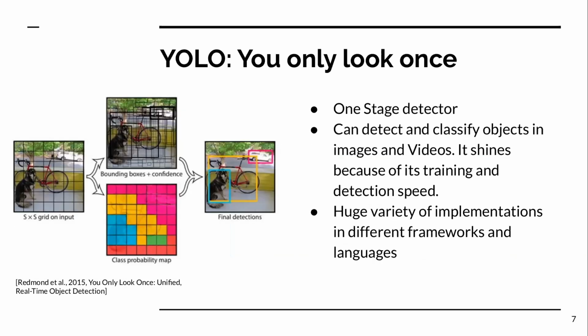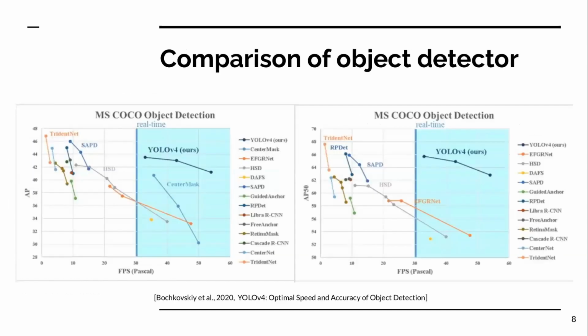And the last version, YOLO version 4, which is like the inheritance of the original YOLO, was launched this year in April, and it shows that in comparison with other methods, like for example two-stage ones, it has an average precision a little lower, but the number of frames per second that it can reach is very high in comparison with the others.